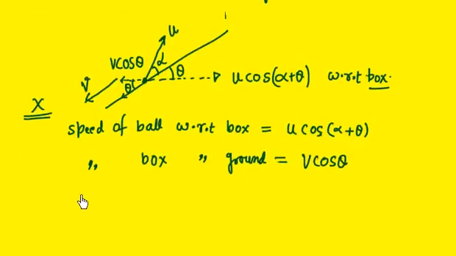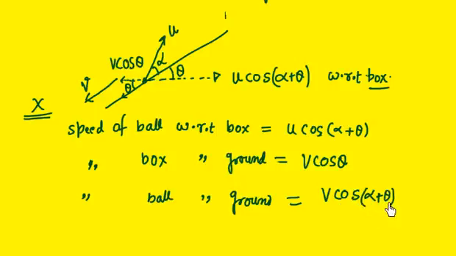Now if I ask the speed of the ball with respect to ground, then I have to add these two velocities. One is this side, another is this side, so basically I have to subtract. So this is u cos of alpha plus theta minus v cos theta.